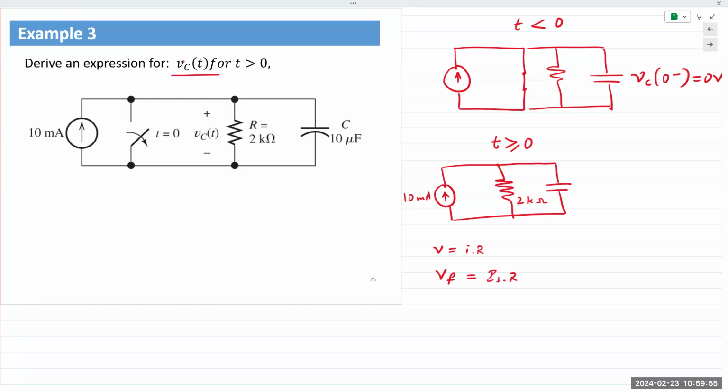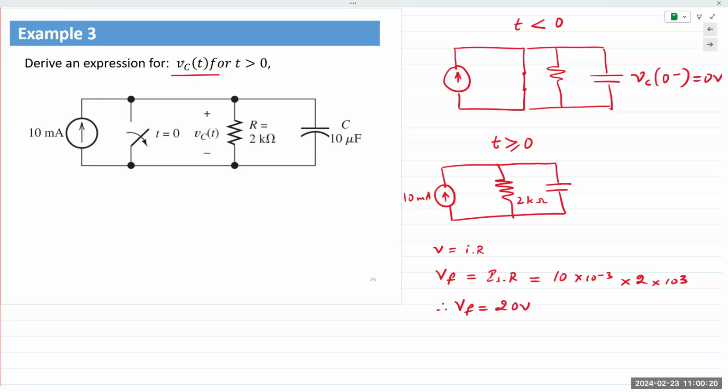IS is not stated explicitly, but I'll write it as IS. So 10 milliamps times 2 kilo ohms. And so the final value of that voltage would be 20 volts. Just use Ohm's law. That's it.